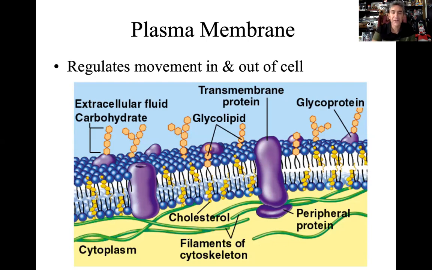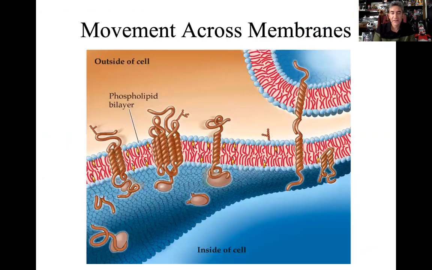So let me back up to the very first slide. This gives us a realistic view of what this membrane would look like. Right? So here we're in the inside of the cell. If you're inside looking up, just like if you're inside your room, you look up, you see your ceiling. So we have all of these little hydrophilic head regions that you're seeing. We don't see the tails, we don't see that other layer.